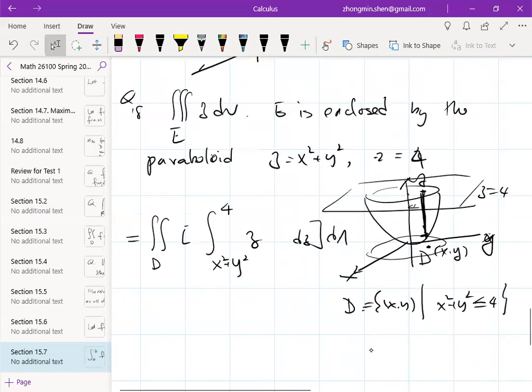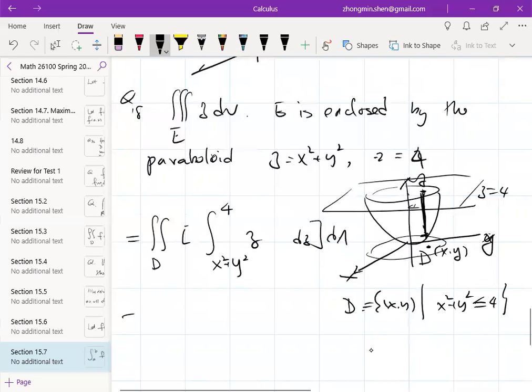So for every point in the domain D, you draw these vertical line segments going through the solid, and you look at the upper and lower bounds for z. The lower bound is x squared plus y squared, because it's coming from this paraboloid, and the upper bound is 4.